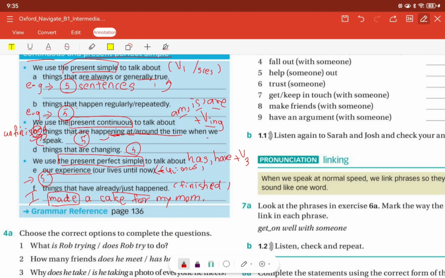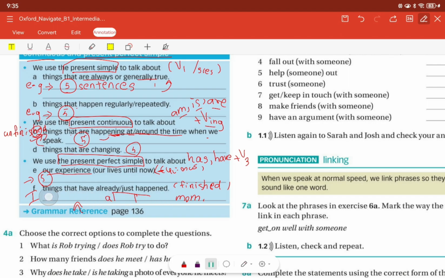Past simple and present perfect are a little bit confusing. People usually confuse these two tenses. When you say "made" here, your focus is that you finished this action already in the past, and it is not related to the present anymore.